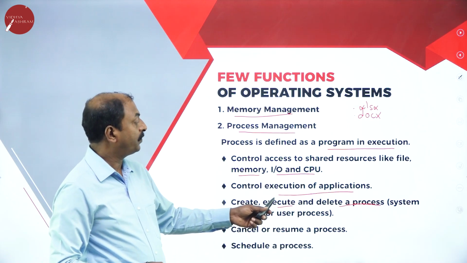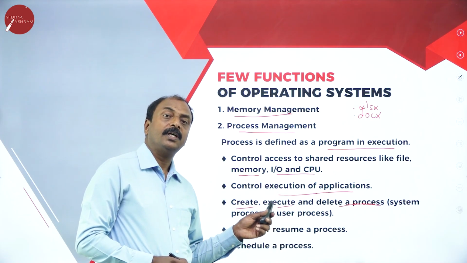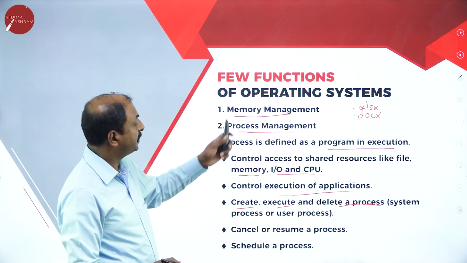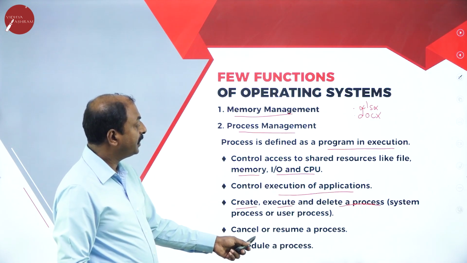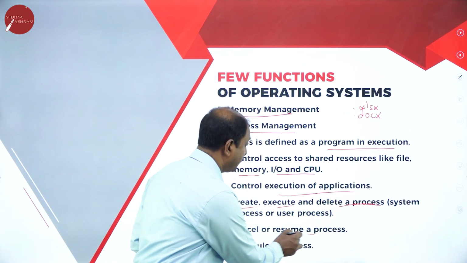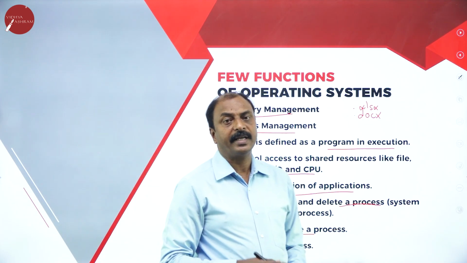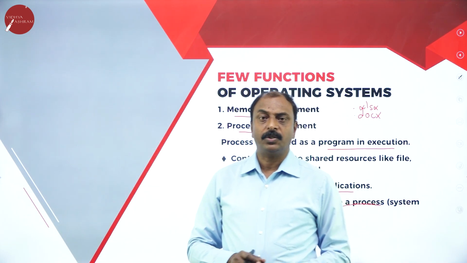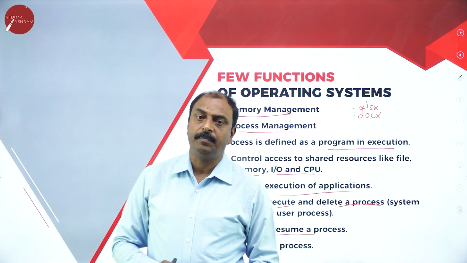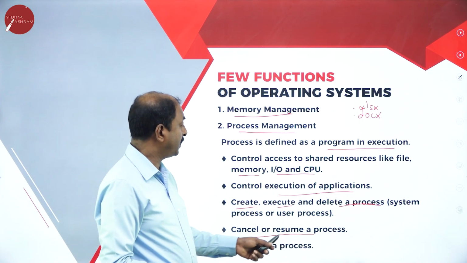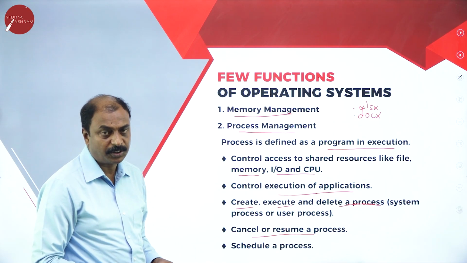This is one of the uses of the operating system. Now, cancel or resume a process. Suppose a program is in execution; the same execution can be stopped or resumed. That is another function of the operating system.